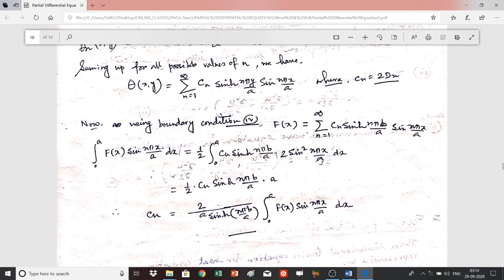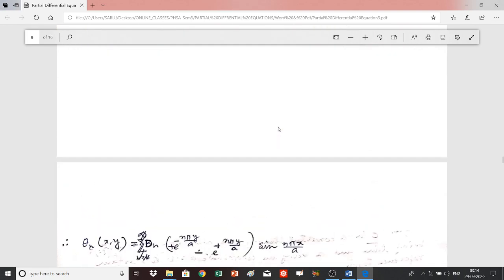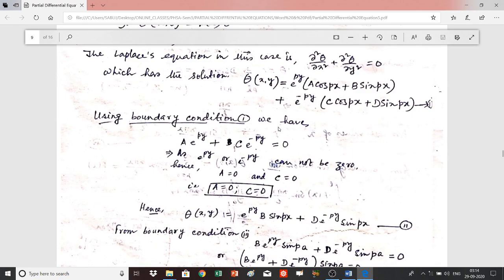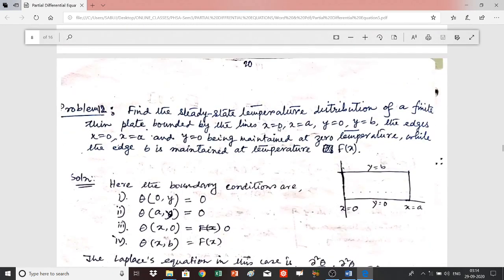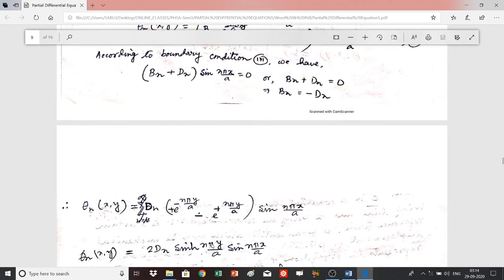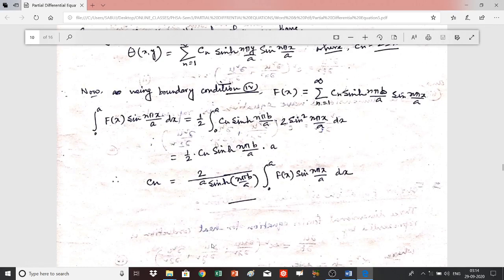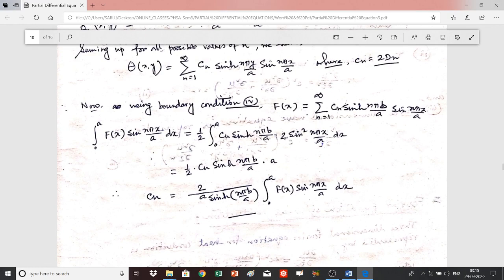Now using boundary condition number 4, that was theta x b equal to fx, that is for the value of y equal to b, it is fx. So fx is equal to the sum from n equal to 1 to infinity of Cn sin hyperbolic n pi b by a sin n pi x by a.